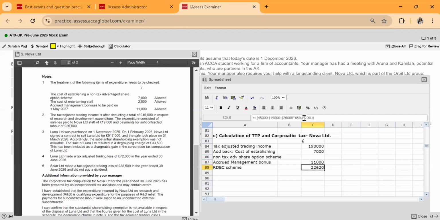There's some formula error that I've done, probably. Let me just work it out separately. So what is the allowed research and development expenditure? What happened? Just, sorry, just 1 minute.